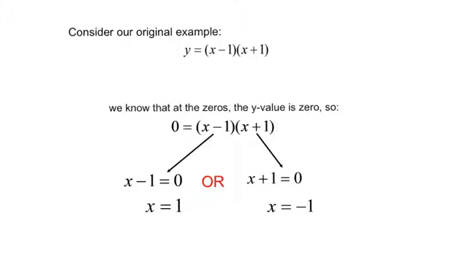Then if you simplify the first term, you get x equals 1. You just add 1 to both sides. Or, if you start here, you subtract 1 from both sides. So this is your answer. You've essentially solved your equation, and you have two solutions. x equals 1 and x equals -1. And again, these are the zeros. These are the zeros. Okay?